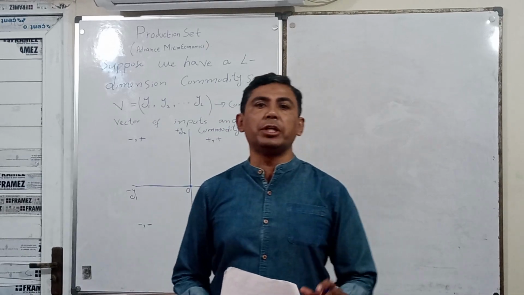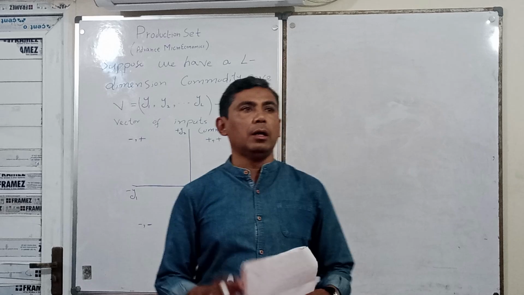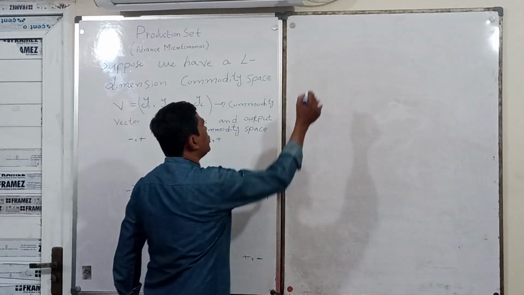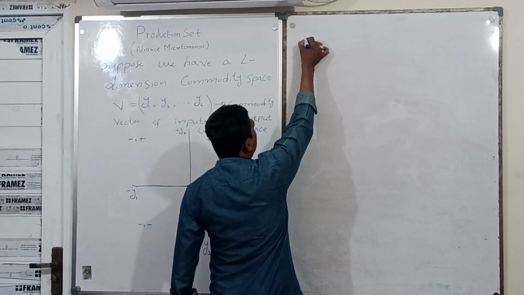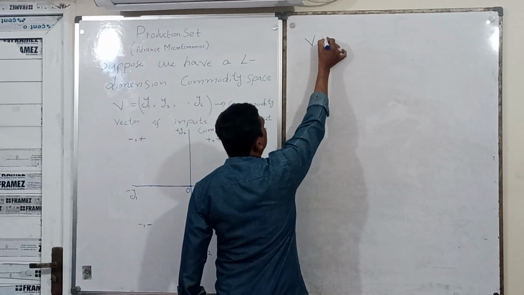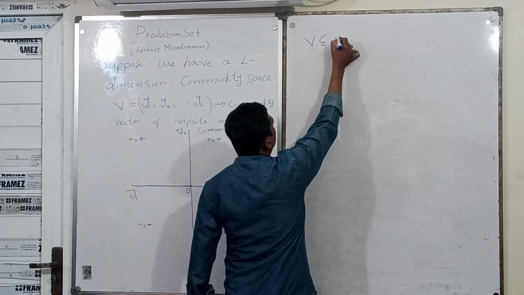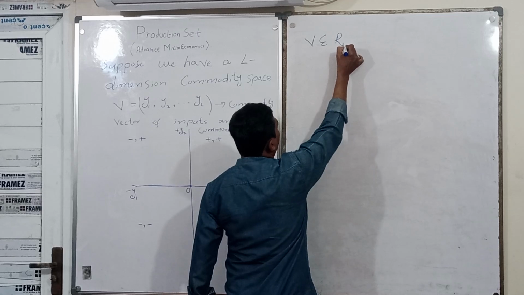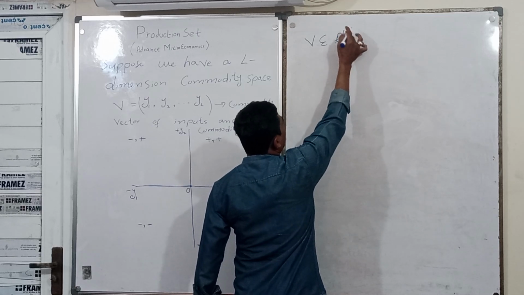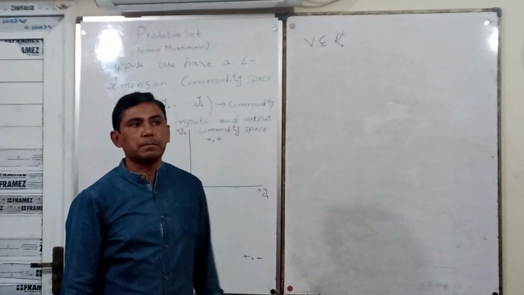So we focus only on the positive real numbers. In this condition, we can say that this commodity vector belongs to the real number space in L dimensions.